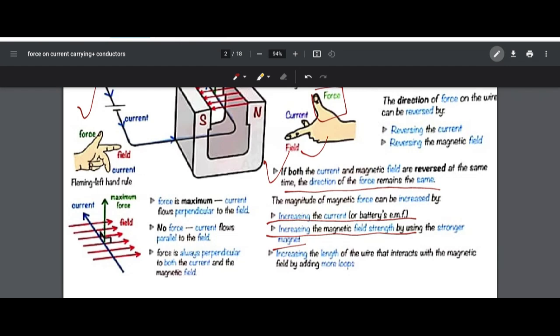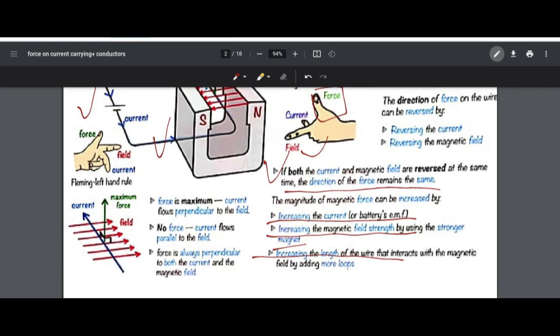If you have a much stronger magnet producing more magnetic field lines, that will give a stronger magnetic force. Okay, and increasing the length of a wire: if you increase the wire, that will have a larger cross section area, and because of the larger cross section area it will have more loops, more field lines, and more force.